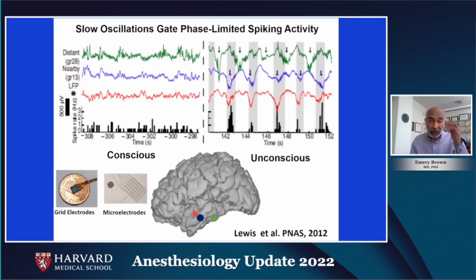However, there's another important feature to propofol-induced unconsciousness, and that's the slow delta oscillations. And these are recordings from patients that have grids and electrodes implanted for epilepsy surgery. And they stay in the hospital for 5 to 7 days, and they come back to the operating room to have the grids and strips removed.